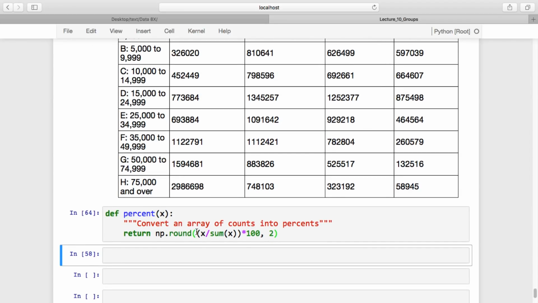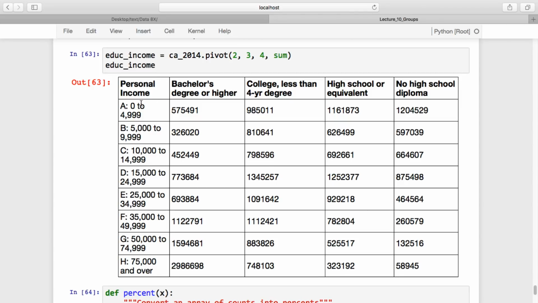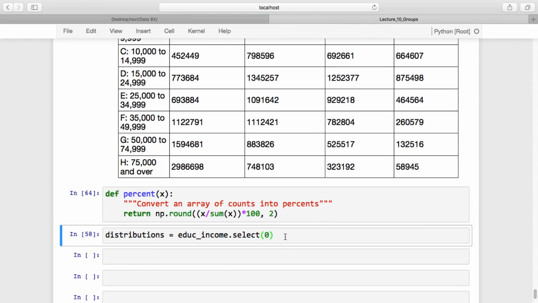This is a function that can be applied to any array, and we're going to extract these columns as arrays and apply that function. And we're going to create a new table of distributions. So we'll start with a table that consists of this initial column, because we want the different levels of income to be labeled, and then we will add a couple more.